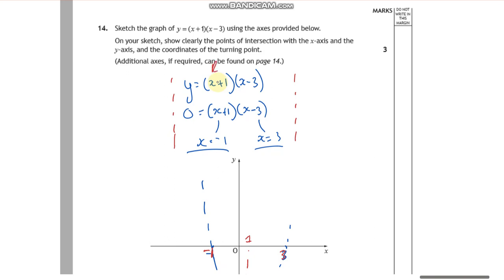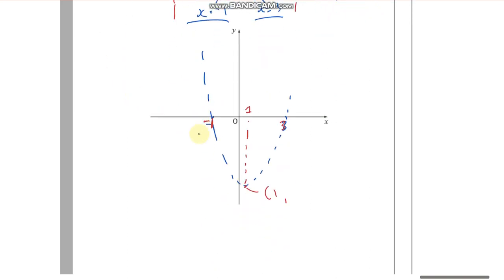So for the turning point, just put your head now, that's your roots. For the turning point, I'd be saying, okay, well, y is equal to, when x is 1, so it's 1 plus 1, 1 take away 3, so that's 2 times negative 2, so it's going to be negative 4. Okay, so that's 1, negative 4. Very good. And the last one is the intercept.